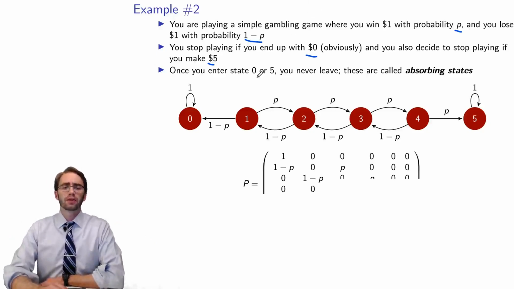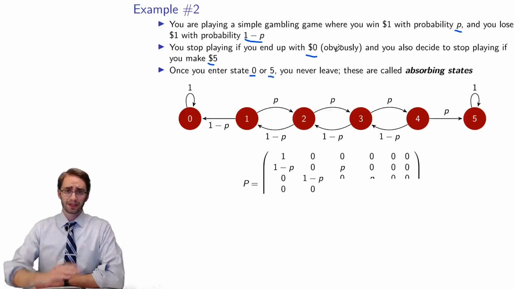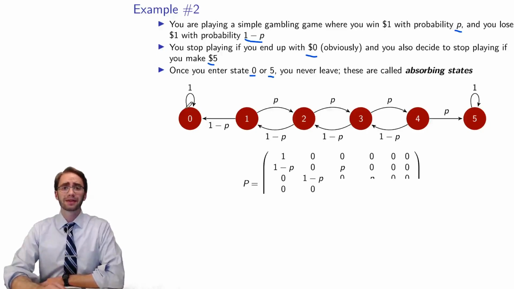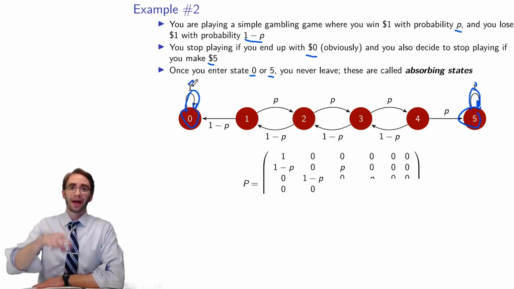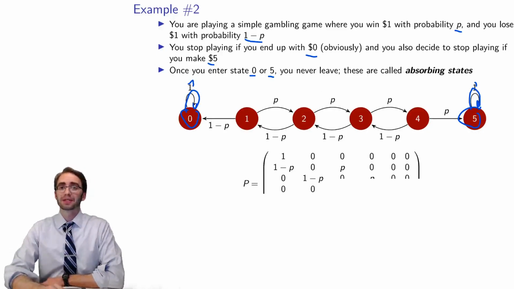So the way you would interpret that is you'd say once you enter state 0 or state 5, you'd never leave because the game is over. And we call those absorbing states. And the way you'd represent that is that you'll notice here that state 0 and state 5 both have a loop like that, but the loop has a probability of 1 attached to it, which just means you always cycle back to that state, which is how you'd represent that.